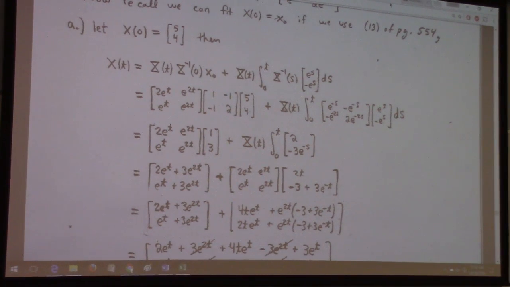Let's see here. I don't want to work a terribly difficult example. I'd like to find one that's not too annoying, but illustrates the idea here. All right.